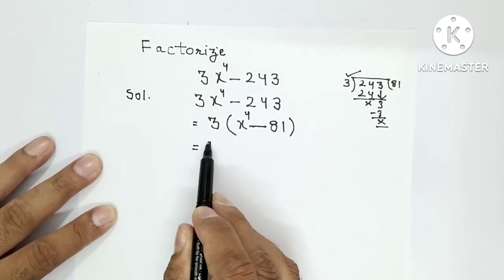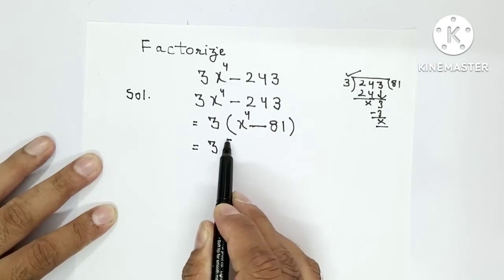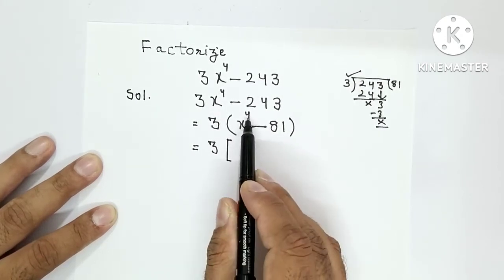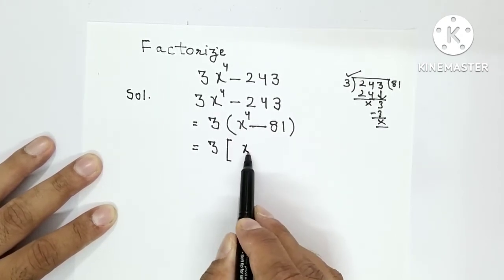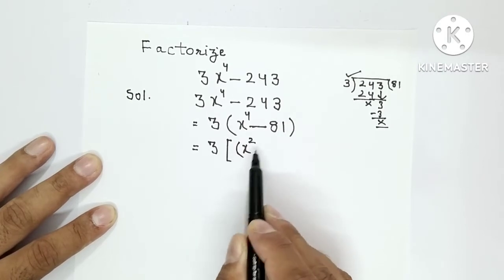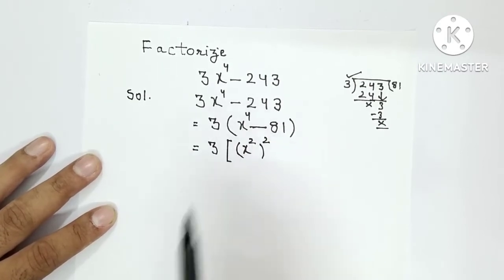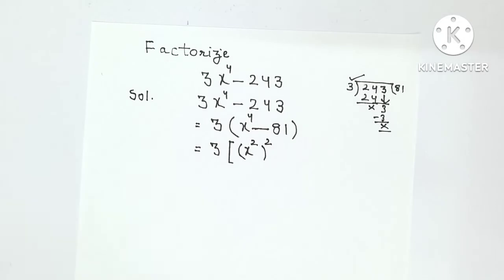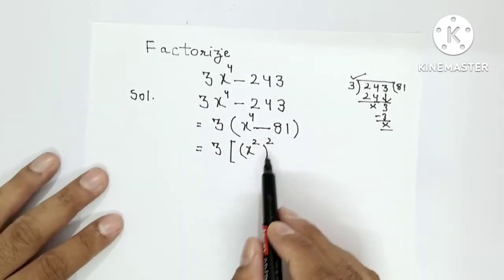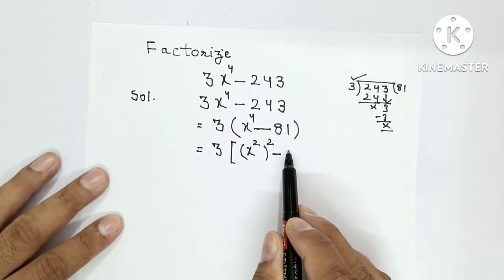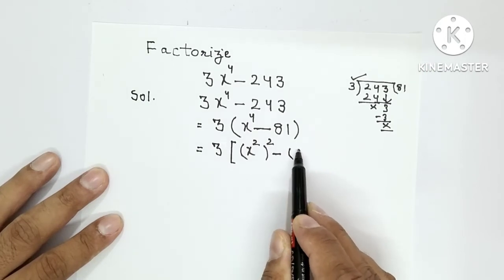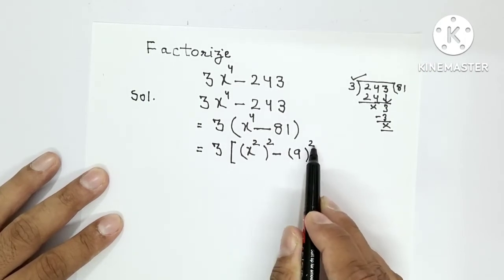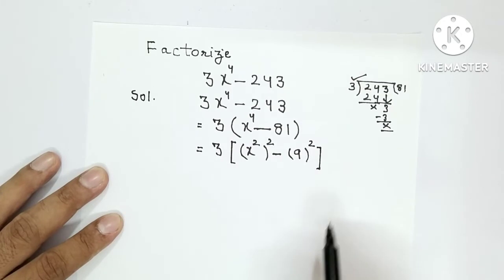Now 3 square bracket, x power 4 can be written as x squared whole square, because 2 into 2 will make 4, minus this can be written as 9 whole square. 9 whole square is 81.